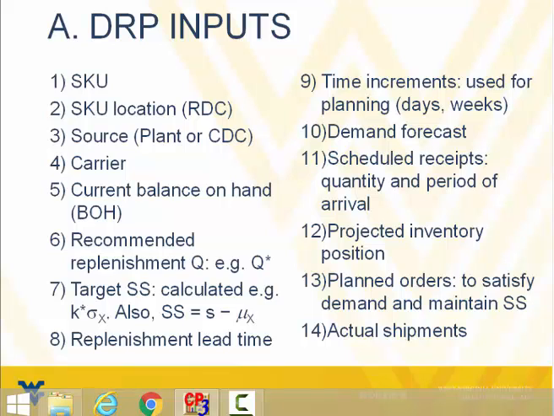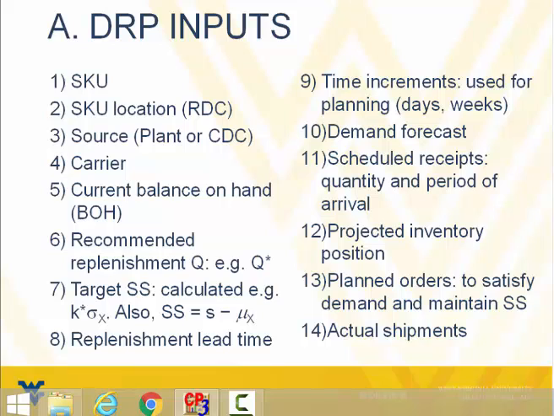For each SKU, we collect some information. We collect the location of that SKU, where it's being stocked, where it's produced. We collect information on how it's being transported, what carrier, and what the lead time is. Then we look at the starting balance on hand. How much do we have right now in the DC? Then we look at what inventory controls we have for that SKU. When do we order? How much do we order?